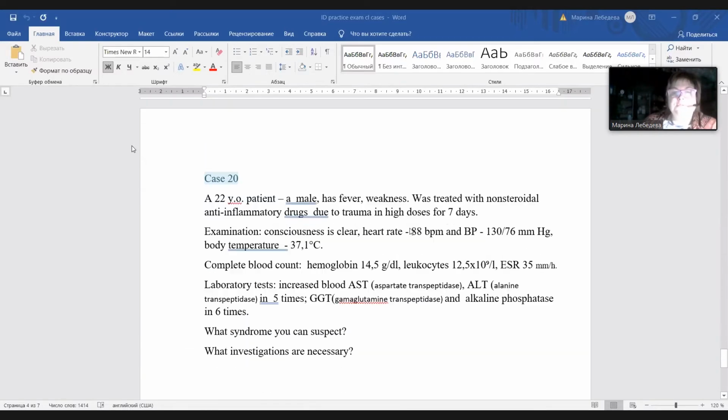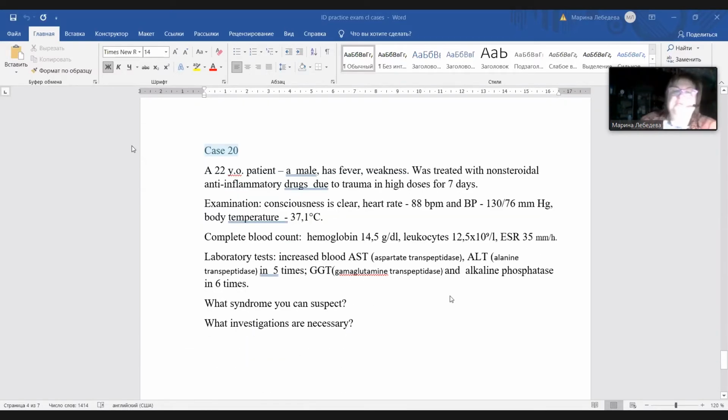Okay, and the last one, please. Case number 20. I suppose the clinical case is familiar to you. We have done a lot like this. So it is acute hepatitis.